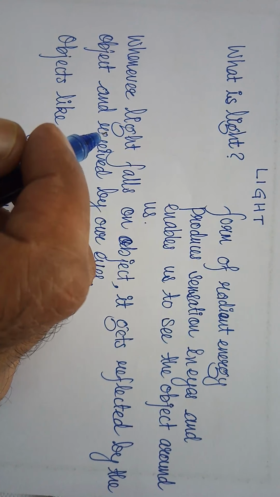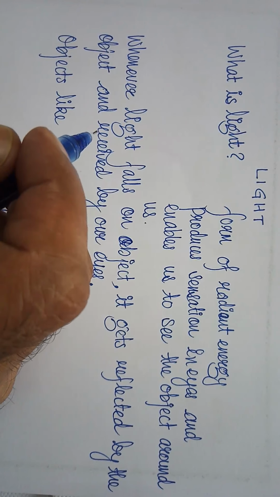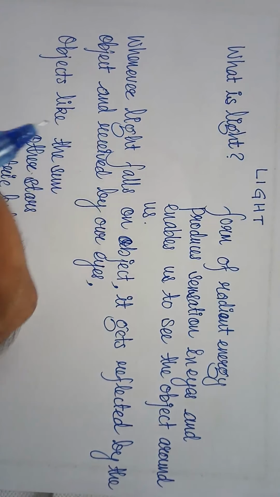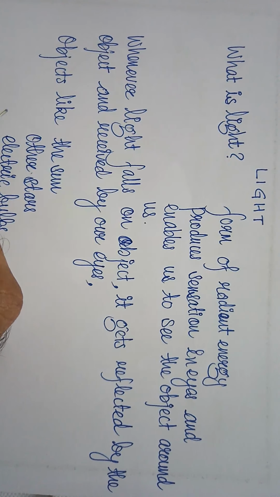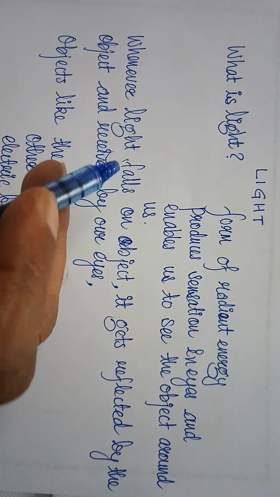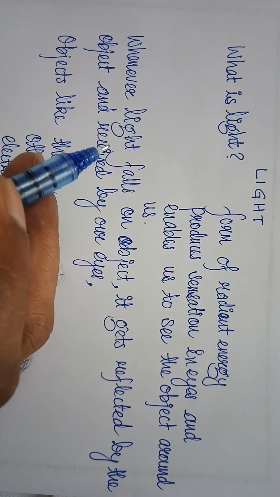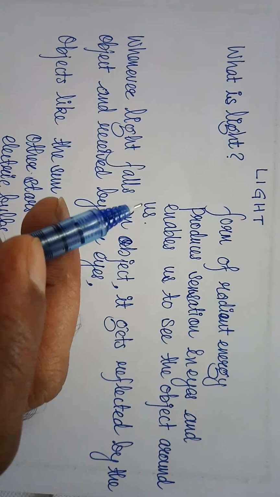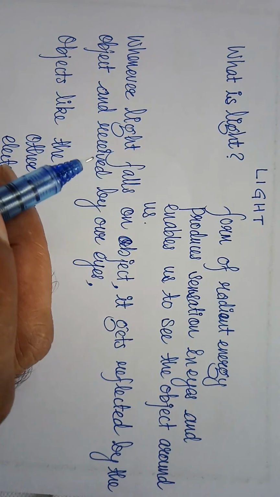We also need a source of light to make objects visible. It is only when light coming from an object enters our eyes that we are able to see that object.